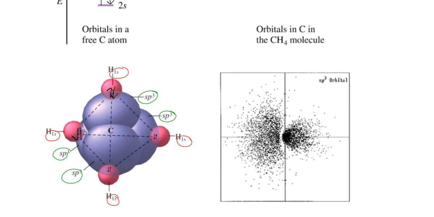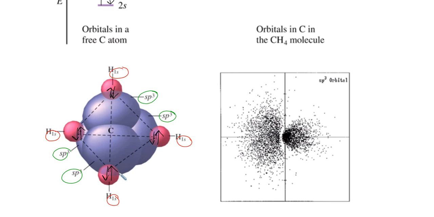I'll try to make them a little bigger so you can see that. Down, up. That's what happens when we bond. Covalently bond. We just overlap those bonding orbitals, and then we share the electrons.